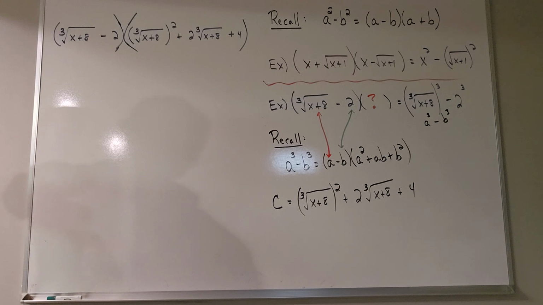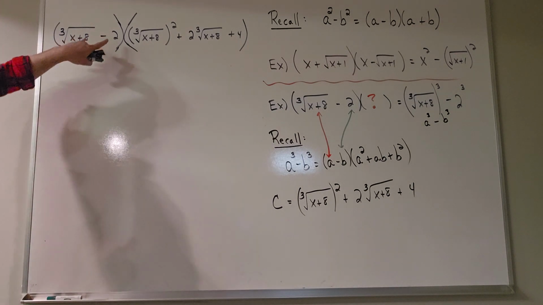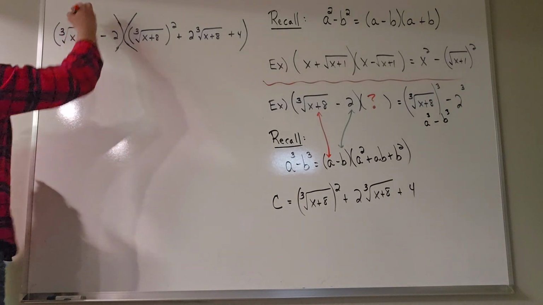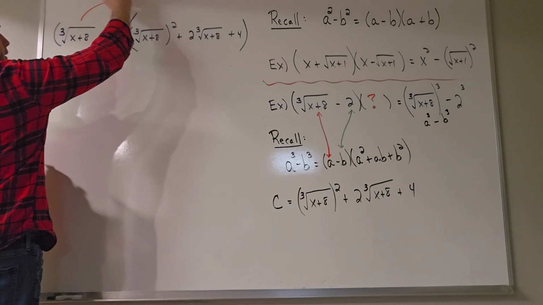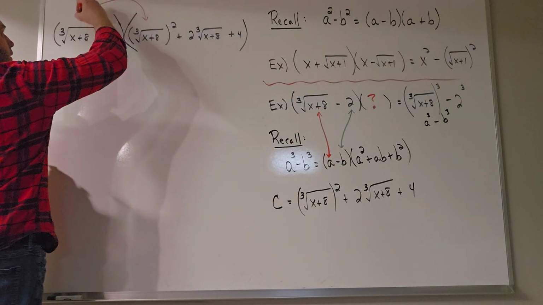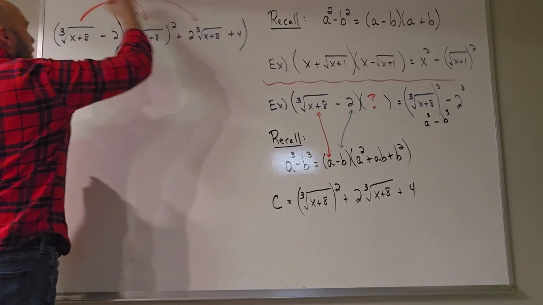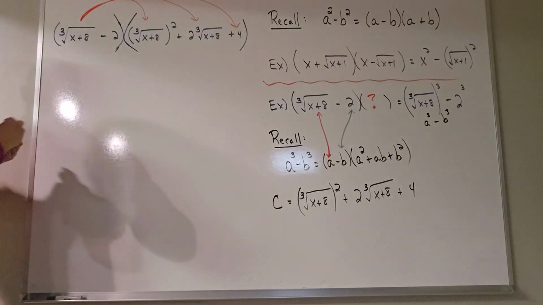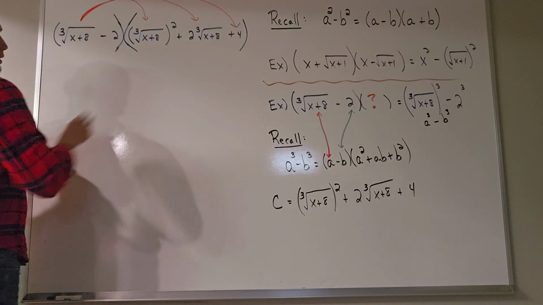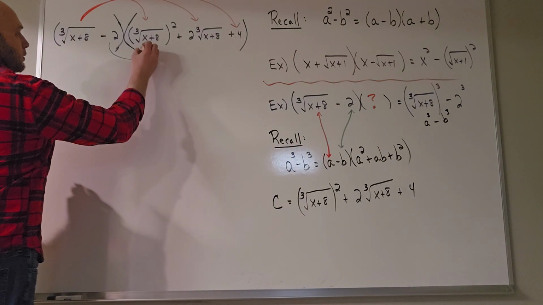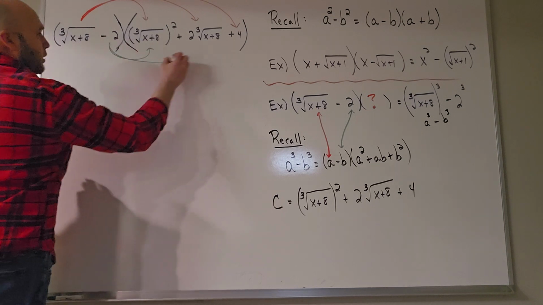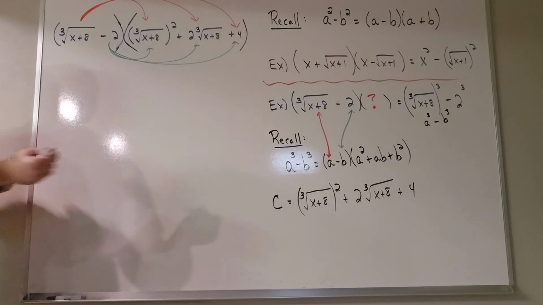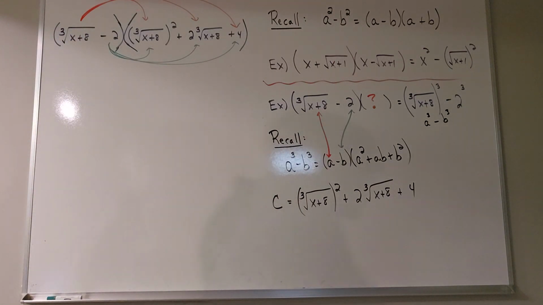Okay. So when I multiply together 2 terms by 3 terms, remember I'm going to take this first term here and distribute that to all 3 terms. And then I will distribute the negative 2 to all 3 terms, giving me a total of 6 terms.